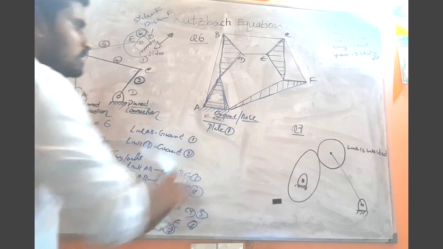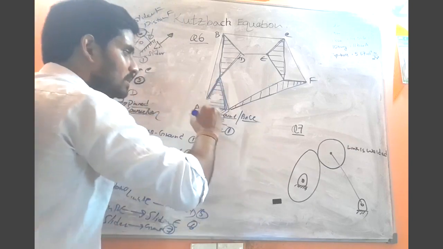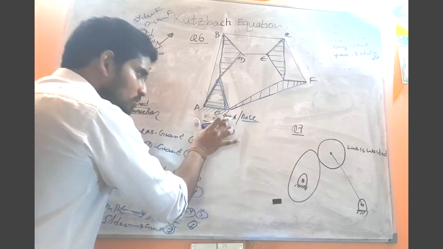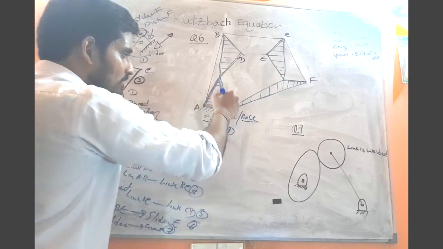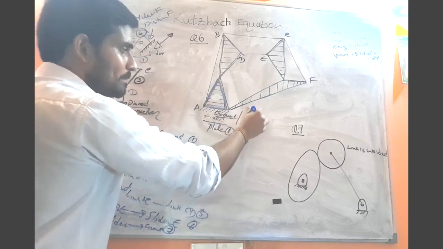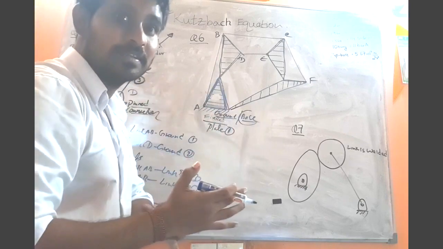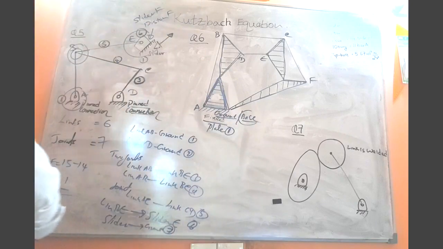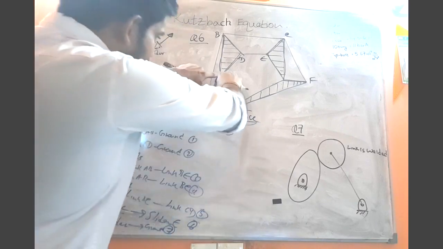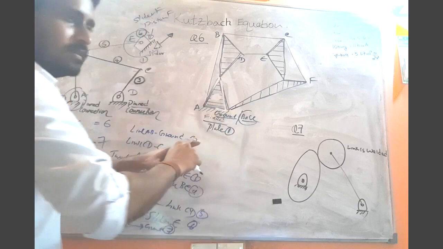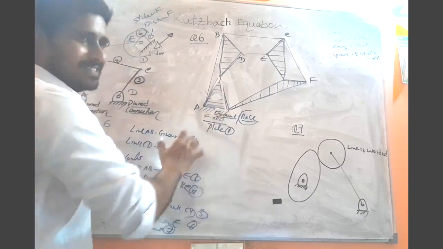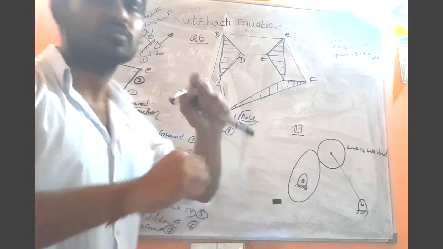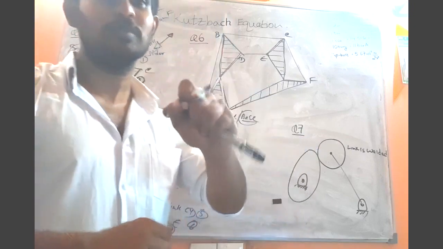Now this plate is actually fixed to the ground, or fixed to the base which is at rest, right? Because of that, as this plate is fixed, we consider both the ground and this plate as one single member, because both are at rest.